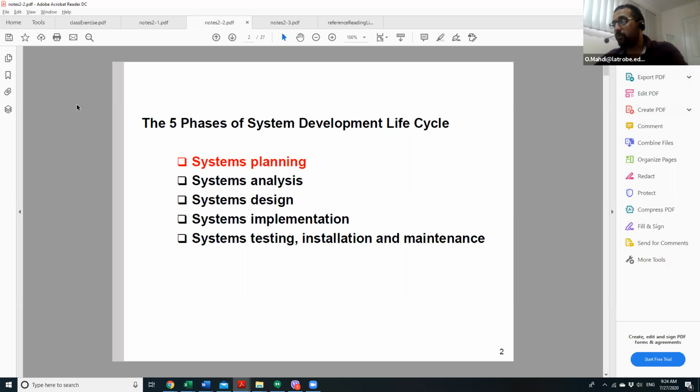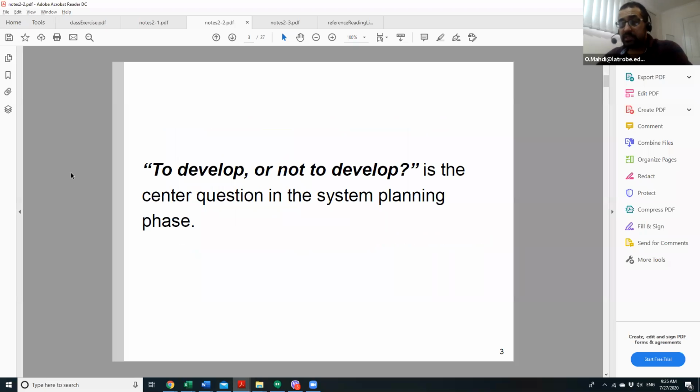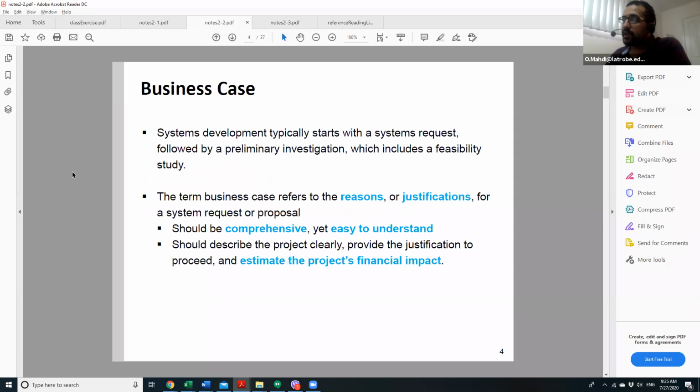Next week, for example, we talk about system requirements, followed by system analysis and system design, till the last week, week 12, when we end with system testing, installation, and maintenance. All right. When we say system planning, the first question that comes to our mind is whether to develop or not to develop. That is the central question in the system planning phase.